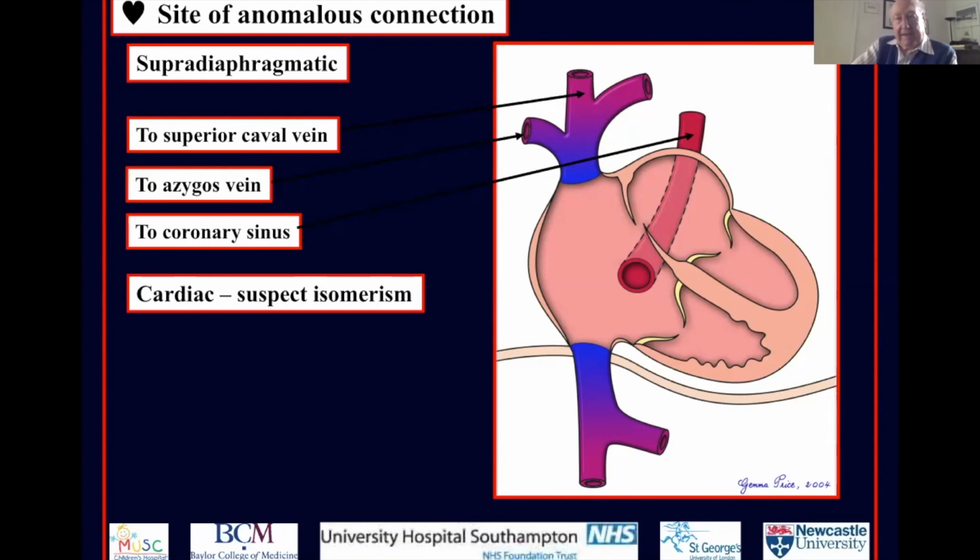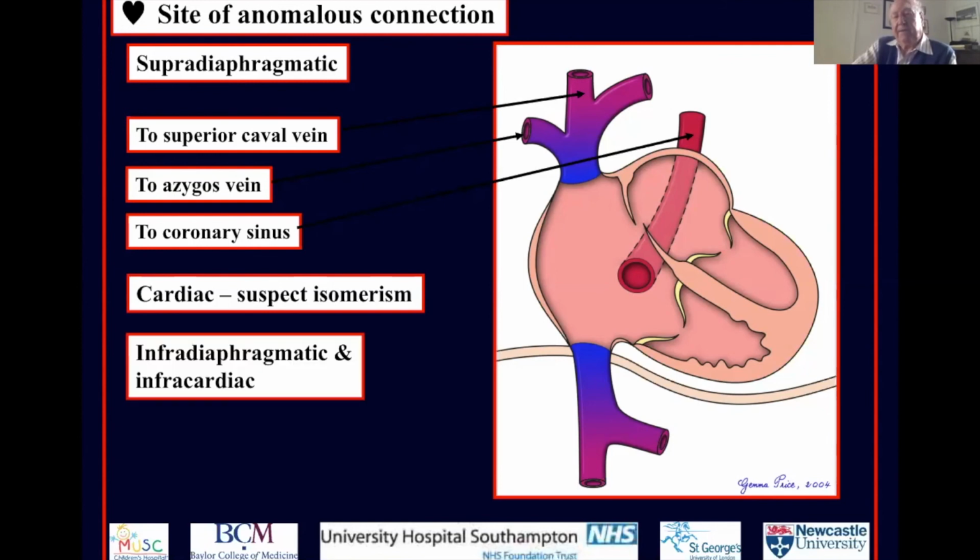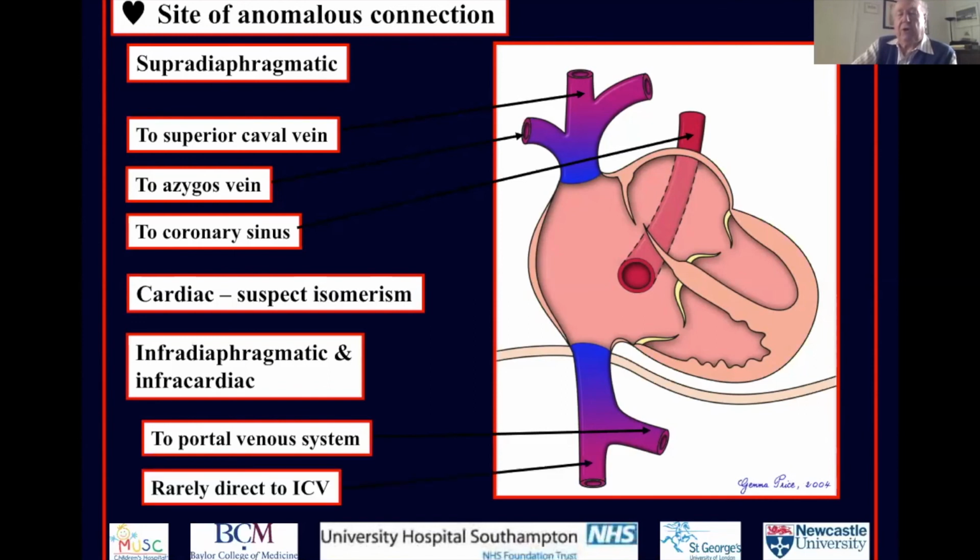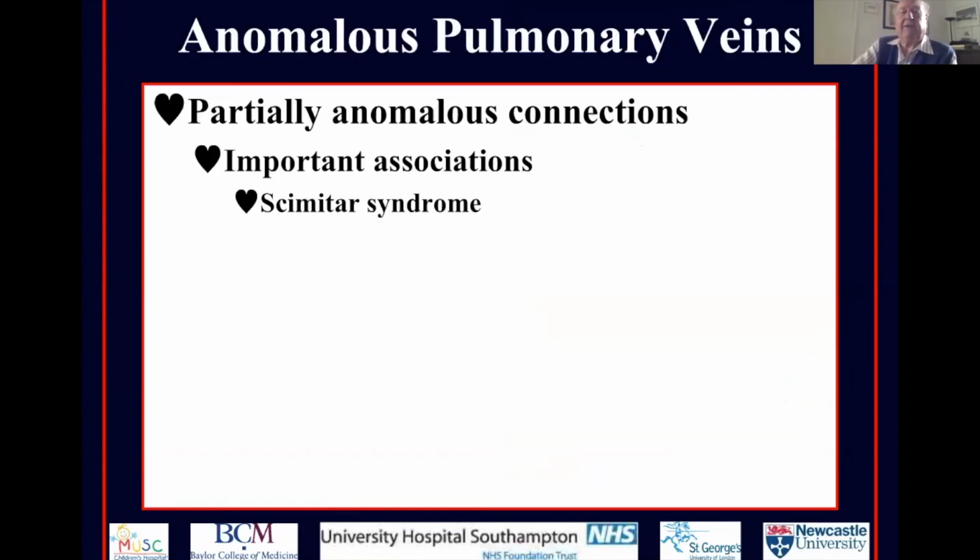The veins can drain directly to the atrial chambers, but that is very unusual, except in the setting of right isomerism. The other variant, of course, is diaphragmatic and intracardiac, and that typically occurs through the portal venous system, although very rarely it can drain directly into the inferior caval vein, although I have never seen that.